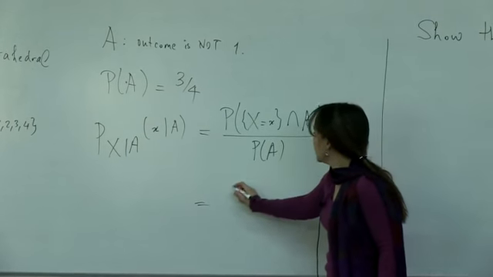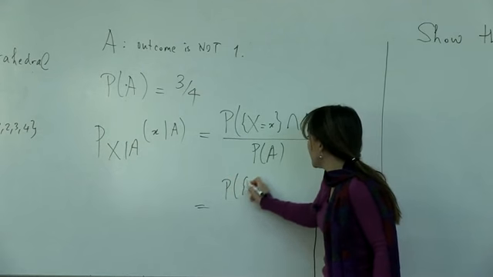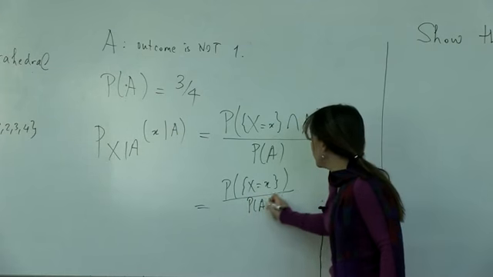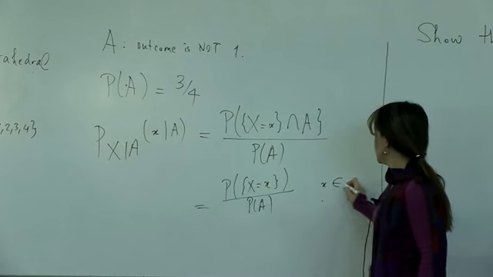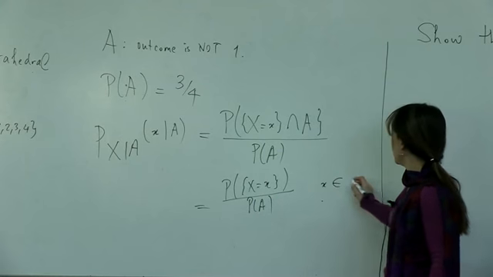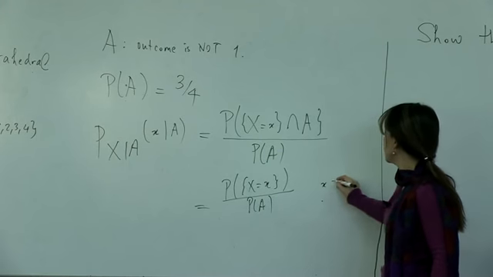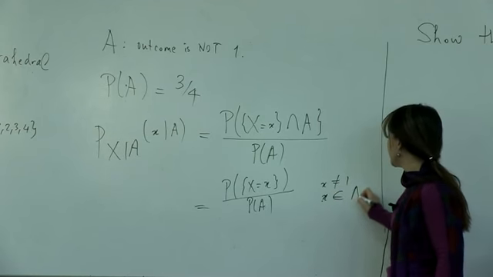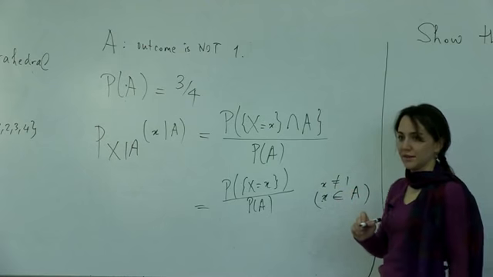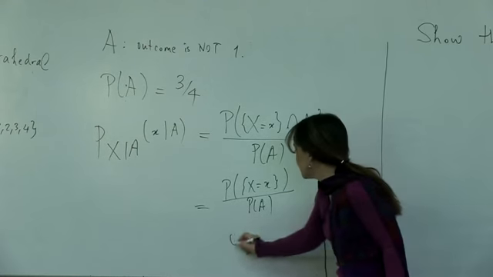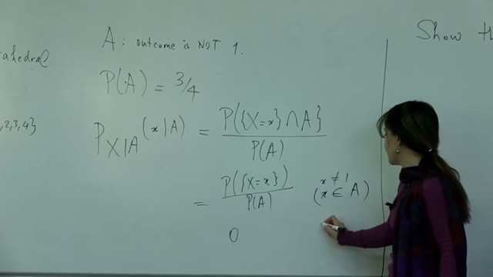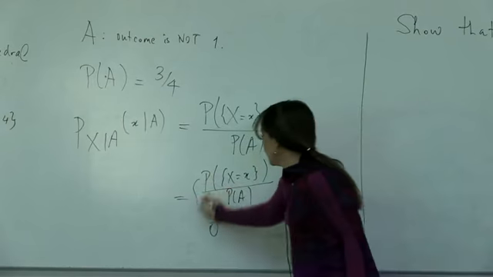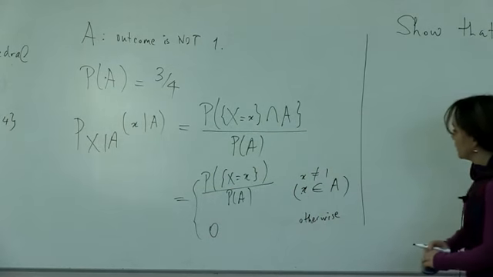So this is equal to the probability that X is equal to x divided by the probability of A, if x is not 1, in other words, x is in the event A, and 0 otherwise. So 0 if x is 1.